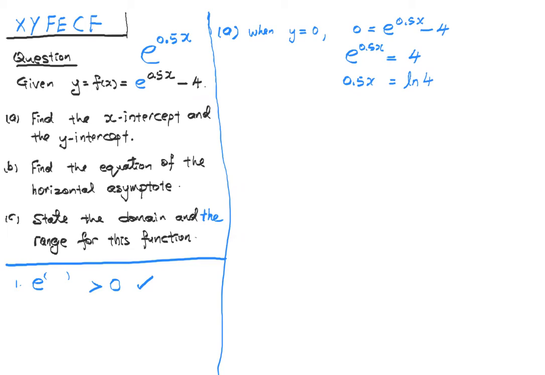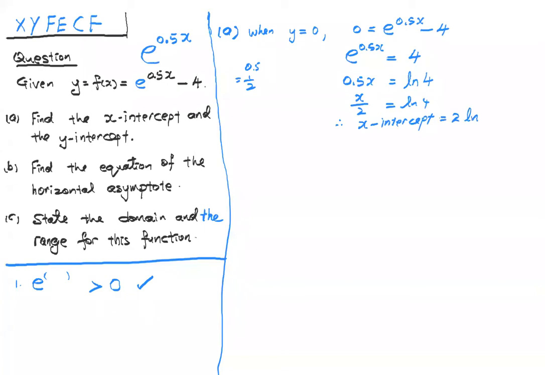So 0.5 is half, right? So this will be x over 2 equal to ln 4. So therefore, my x-intercept, I can call this x as x-intercept because the y coordinate is equal to 0. So it's 2 ln 4.